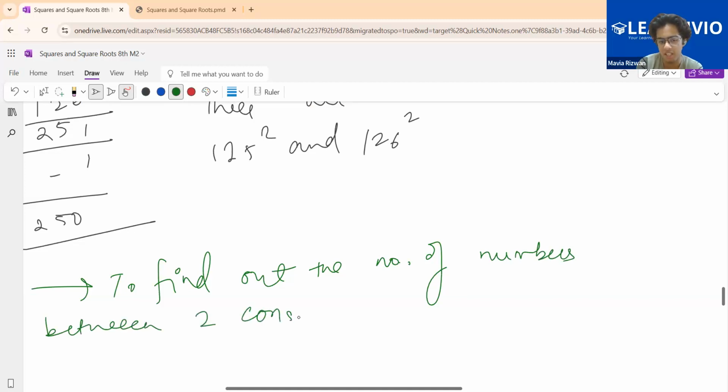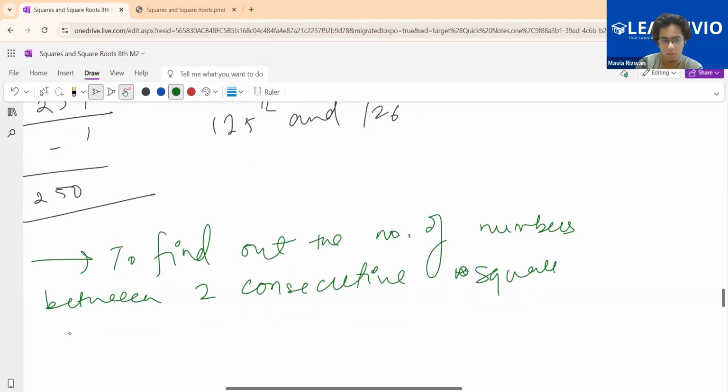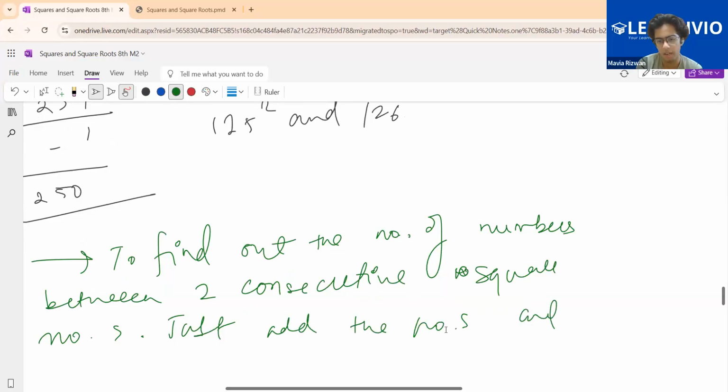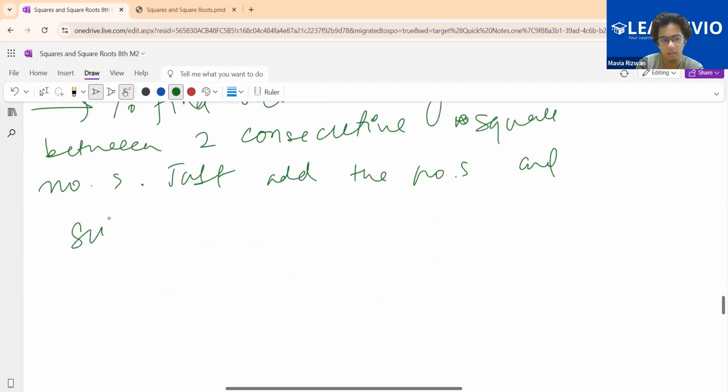Consecutive means one after the other, next to each other. Just add the numbers and subtract one from them.